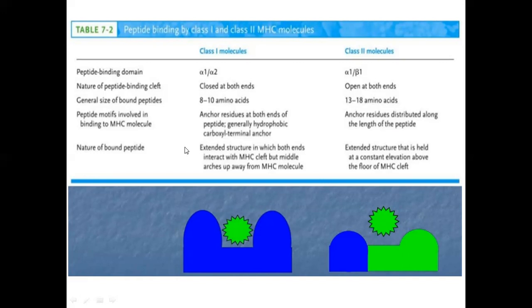The bound peptide in class 1 has an extended structure in which both ends interact with the MHC cleft, but the middle arches up away from the MHC molecule. In class 2, it is an extended structure held at a constant elevation above the floor of the MHC cleft. This is the summary of the peptides of class 1 and class 2.